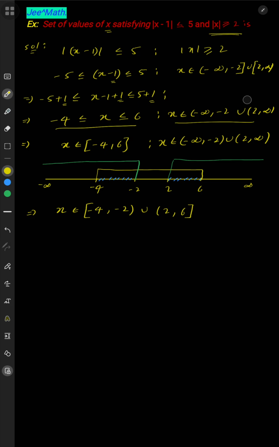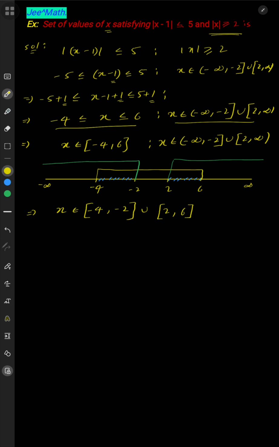Therefore, exactly −2 also can be taken. Why −2? You have −2 in this interval also. And 2 is there in this interval, and here also exactly 2 is there. So you take a closed bracket.